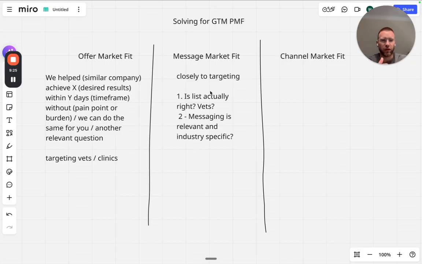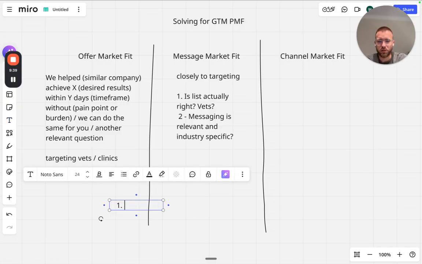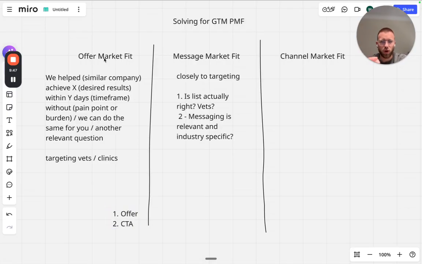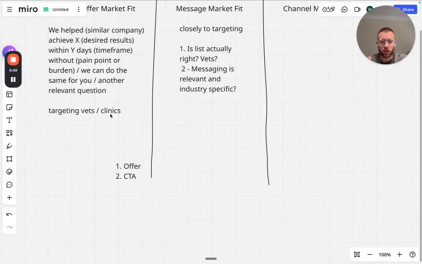Now, one way of testing for this is you can create a cross matrix. The two main components of a cold email are, one, what the offer is, and two, what the CTA is. And these both work within offer market fit and message market fit.